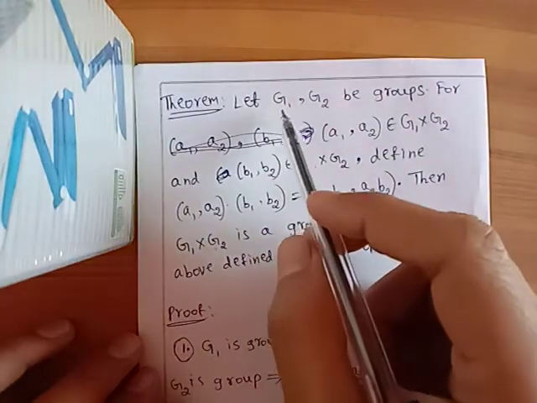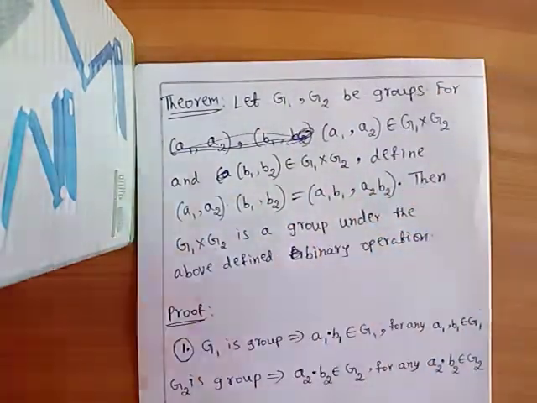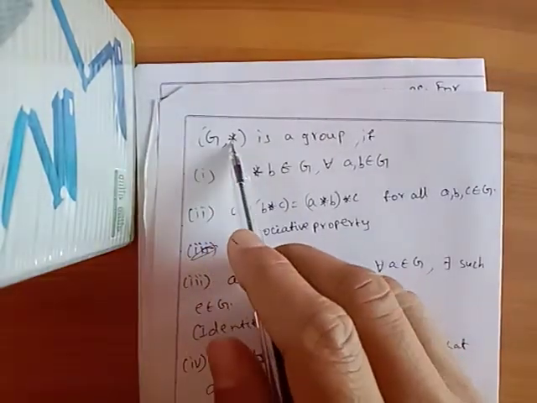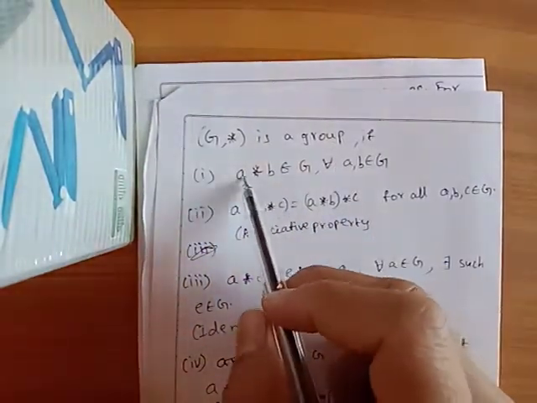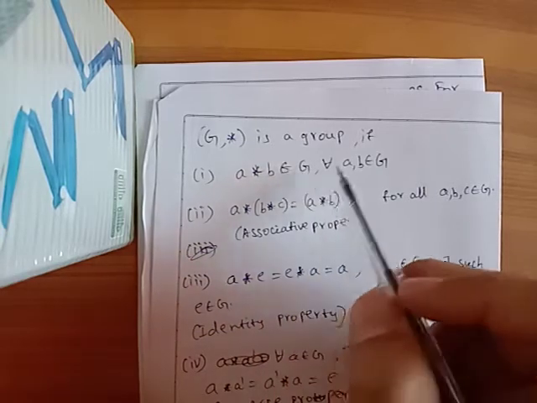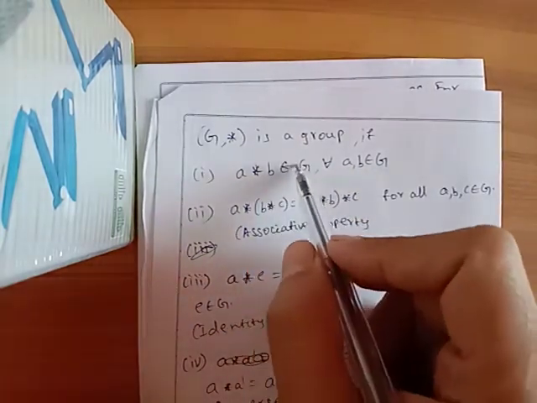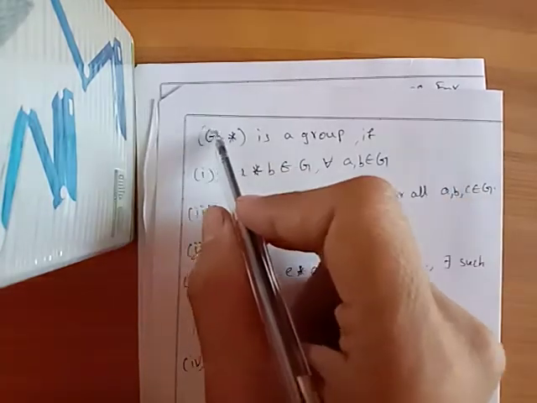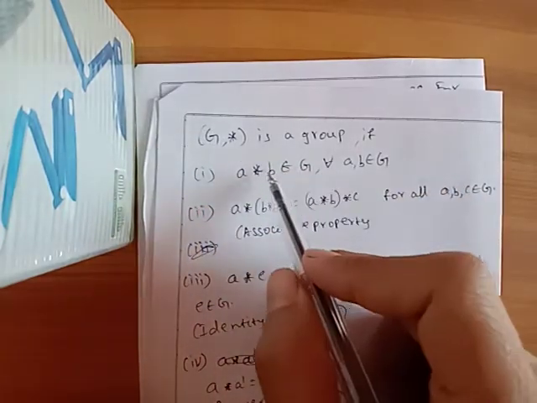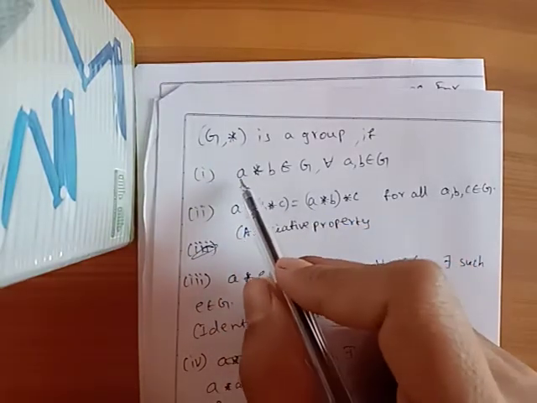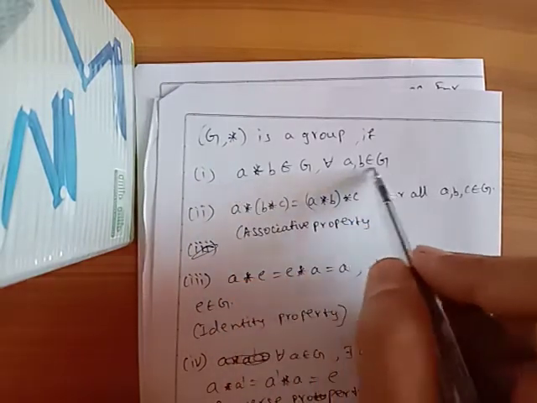First we have to know what is a group and what is the direct product of groups. To say (G, star) is a group, A star B belongs to G for all A, B belongs to G. That means G is a set, and the elements of that set under the defined operation follow the closure property.